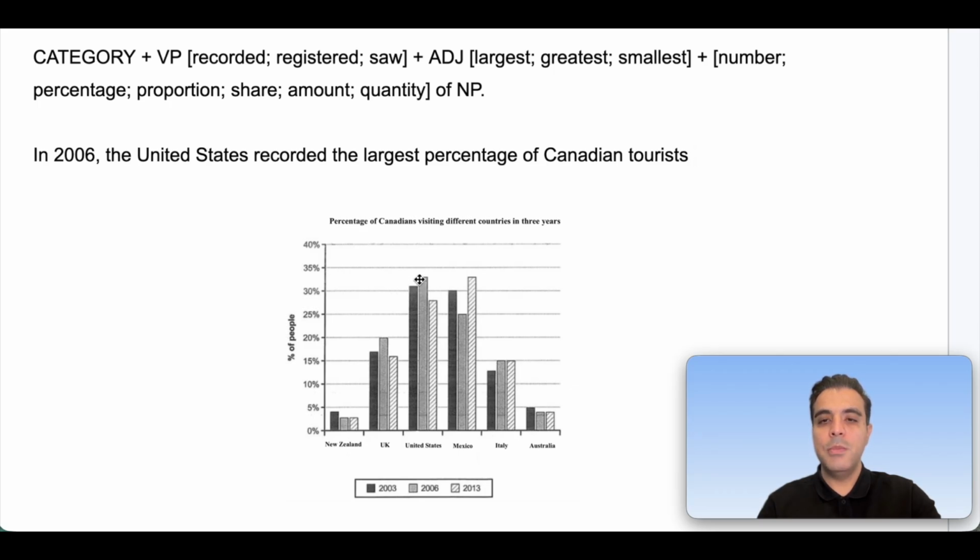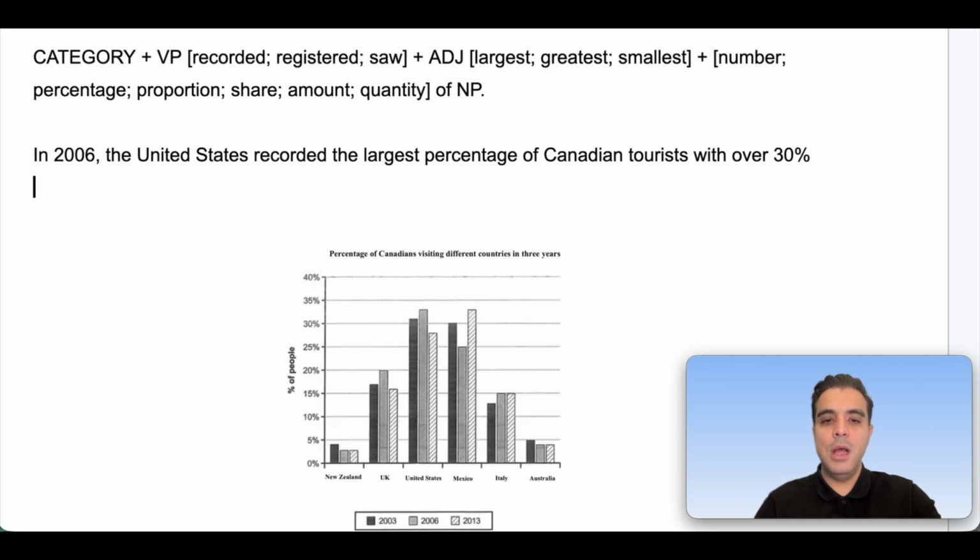Over 30%. So I can add something like with. You need a preposition. With works very well. Over 30%. Okay, so as you can see, I placed both an adverb for the time and I also recorded the exact number. This is something that you're going to have to do when it comes to writing your body paragraphs. You need to include the actual number in there.